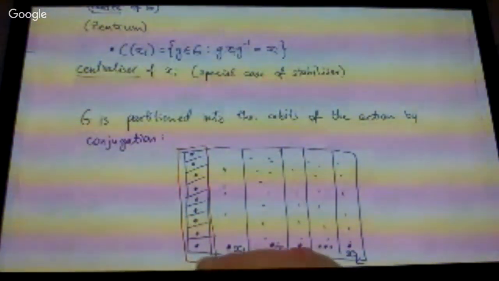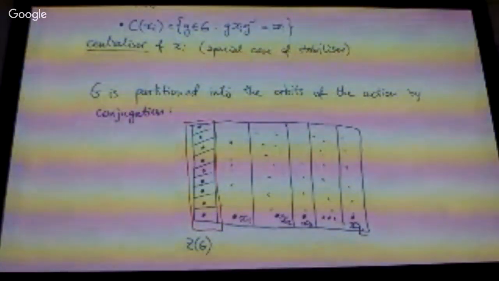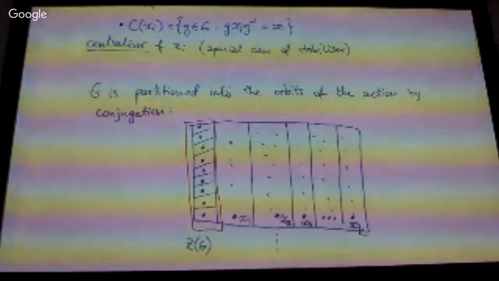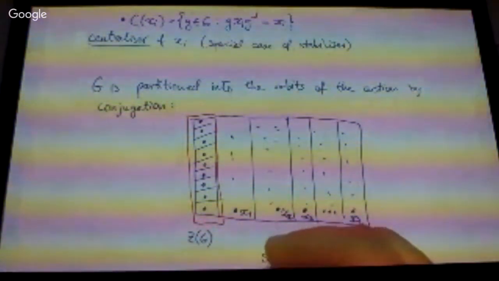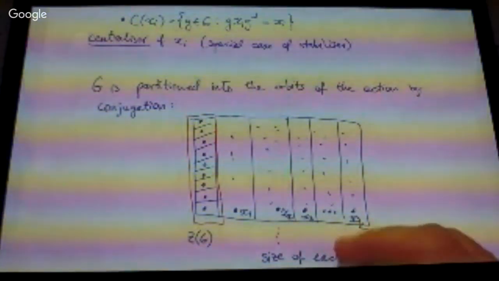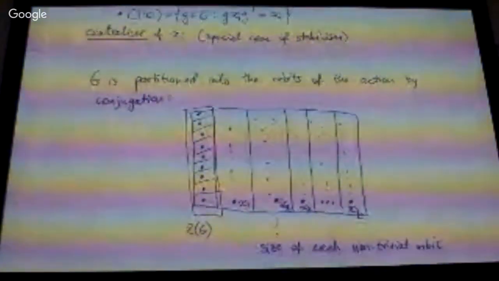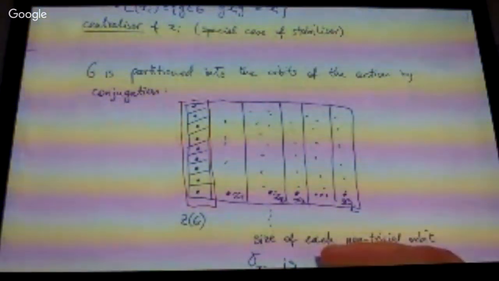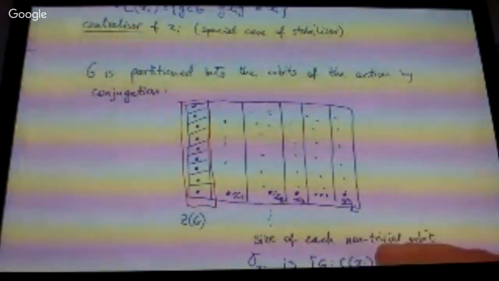So this is Z(G). And you can claim what we proved, but you don't have to prove it again, that the size of each non-trivial orbit, the orbit of xi, is equal to the index of the centralizer of xi in G.